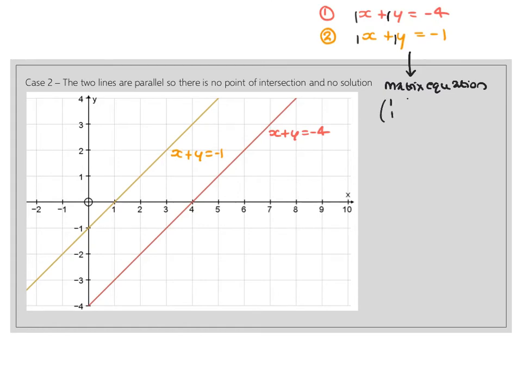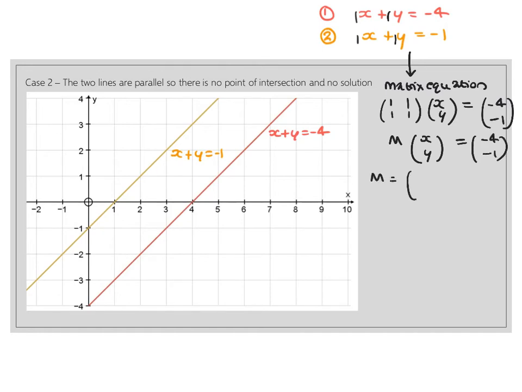That tells me it's 1, 1, 1, 1 being applied to x, y to produce an image of minus 4, minus 1. Now, we can write this as M(x, y) equals (minus 4, minus 1), where M is equal to 1, 1, 1, 1.